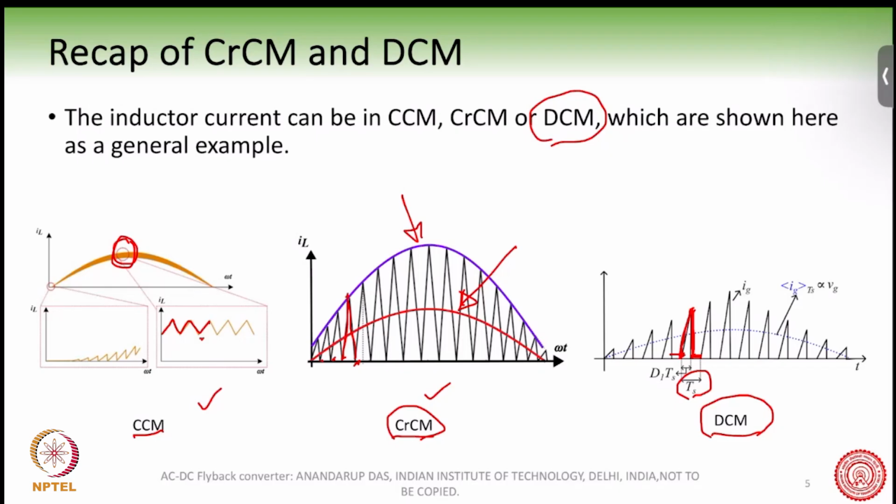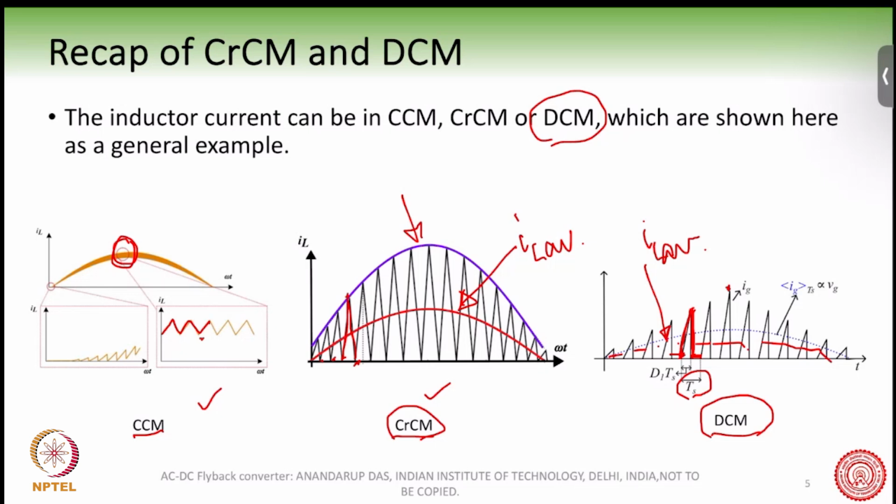Note that this average current, IL average, and here also this dotted line is also the average current, but the peak current is way more than the average current, right? And if the value of D1 goes smaller and smaller, then this average current will go smaller and smaller.